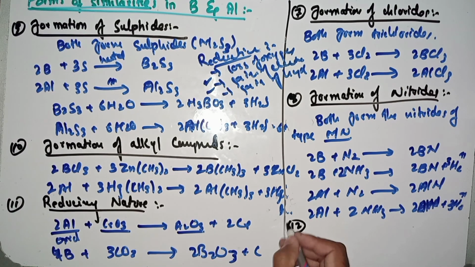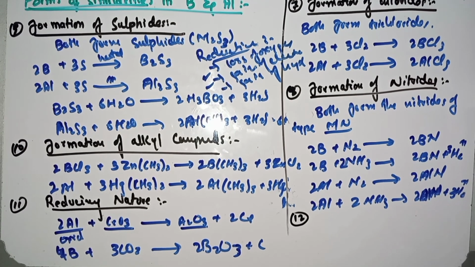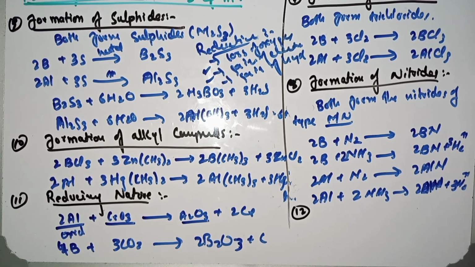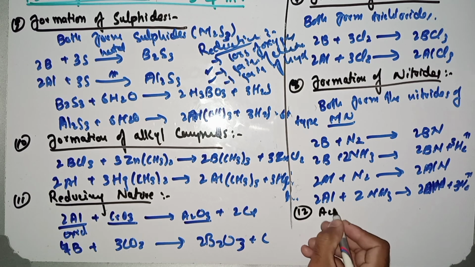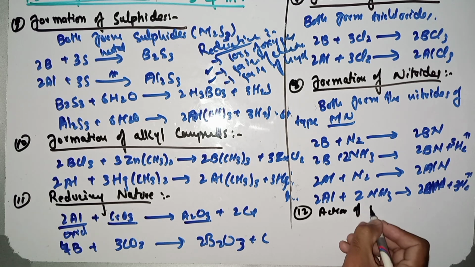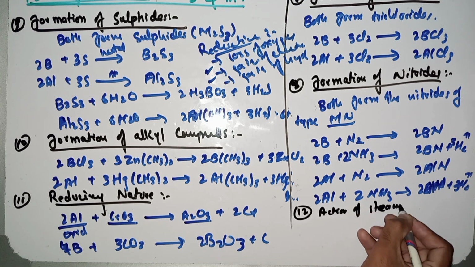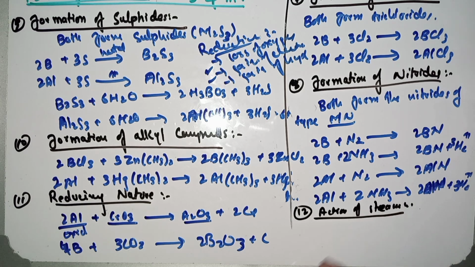Similarly, for the next point, that is point 12, I am writing here: action of steam. In both cases, both boron and aluminum can react with steam at red heat, liberating hydrogen.